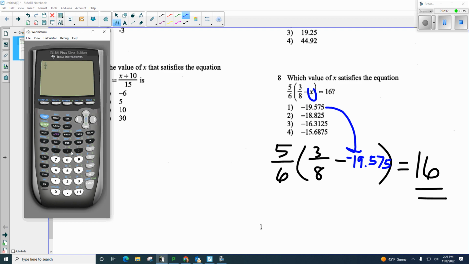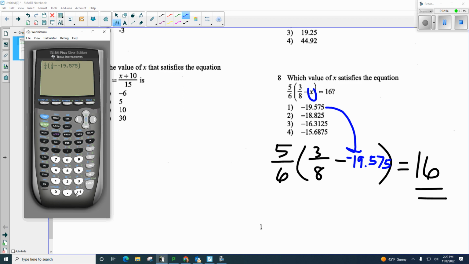I'm going to type it just like I see it: parenthesis, another fraction, so alpha, y equals, enter, 3/8, minus, and now that's a negative, so I have to use the negative key, 19.575. Close parenthesis. Now I want you to pause the video here and type that into your calculator, then hit equals and see if you get 16.